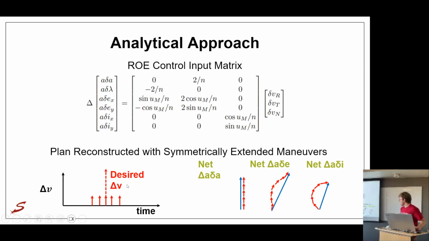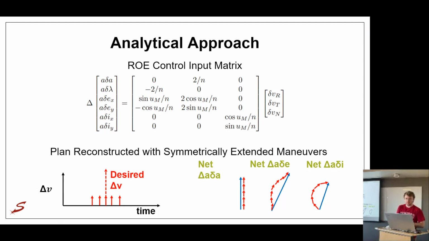Visualized here, rather than achieving this large single delta V, we achieve it with a series of small delta Vs. And we achieve a reconfiguration of the relative eccentricity and inclination vectors and the relative symmetry axis, delta lambda.